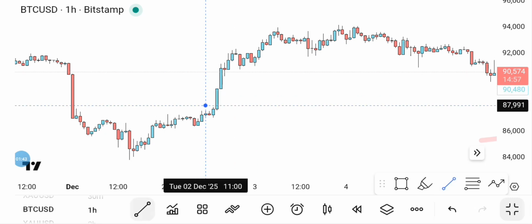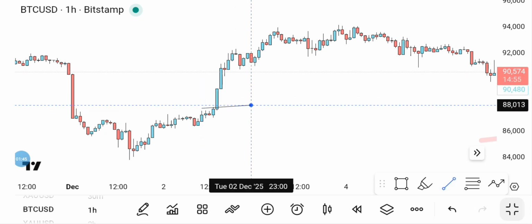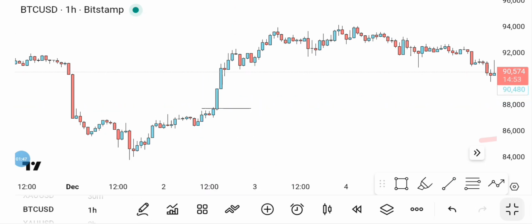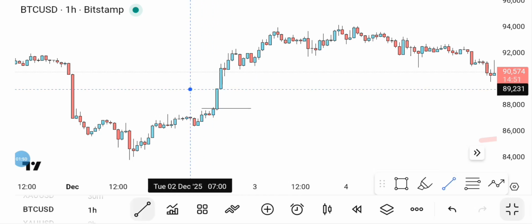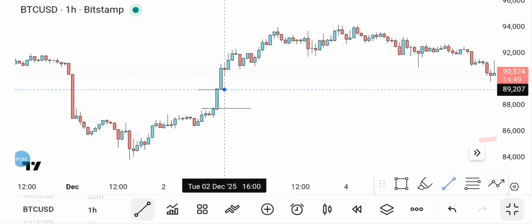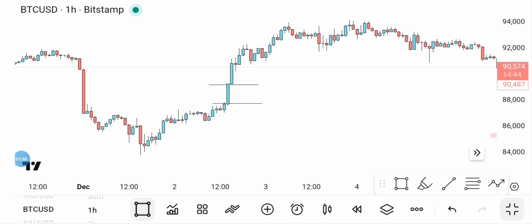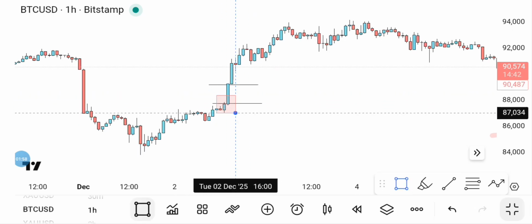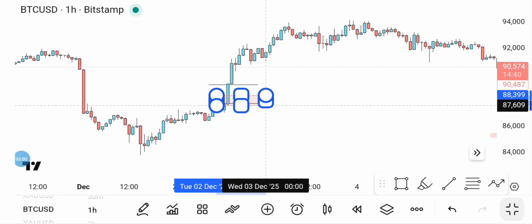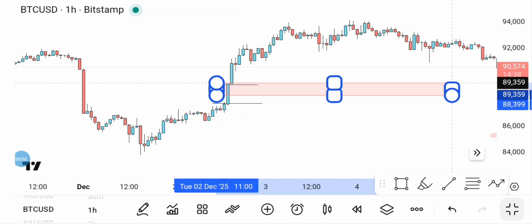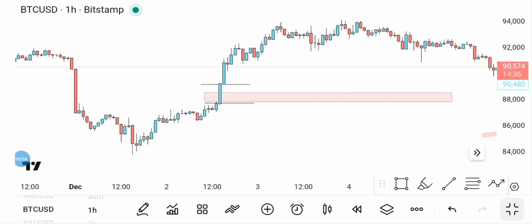These are the first candle, and these are the second candle, and the one at the top. Now this is where the FVG is located.